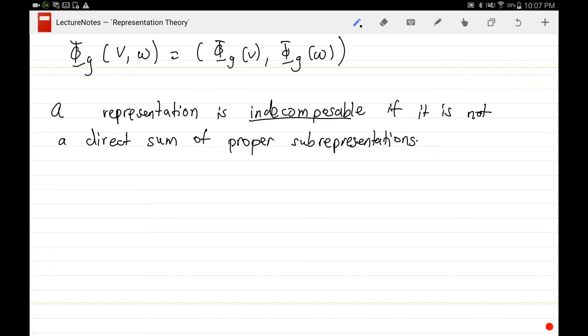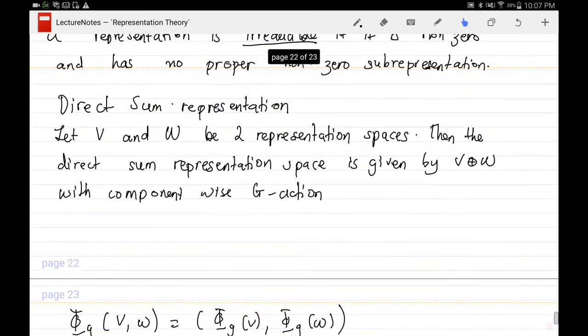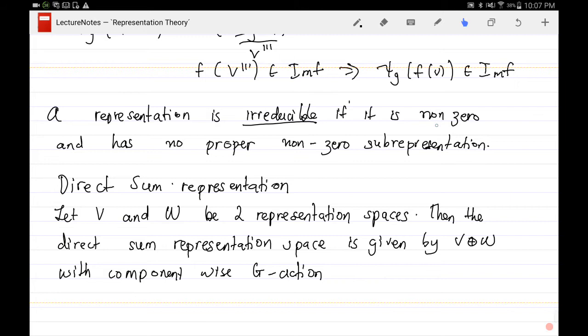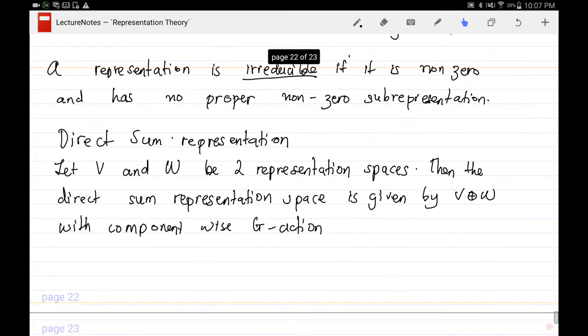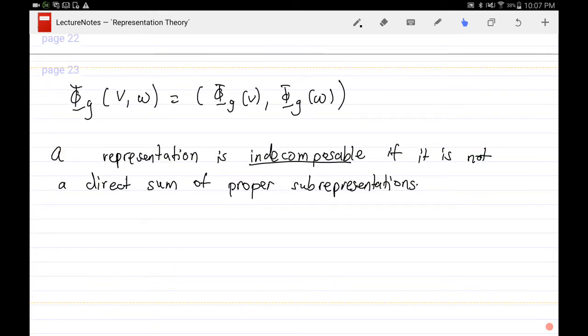So clearly, if you look at the definition of an irreducible representation, it's a non-zero sub-representation that has no proper sub-representations. And then we have the indecomposable, that's not a direct sum.